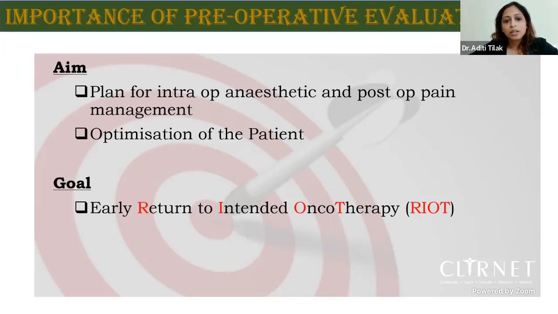This is why early return to intended oncotherapy is one of the metrics currently under study. It has been seen in early studies that the earlier the return to intended oncotherapy, the better the long-term survival of the patient. So the goal of our surgery and anesthesia plan should be an early return. And this can be achieved if we know our patient, optimize them well enough, and then bring them to the operating table.